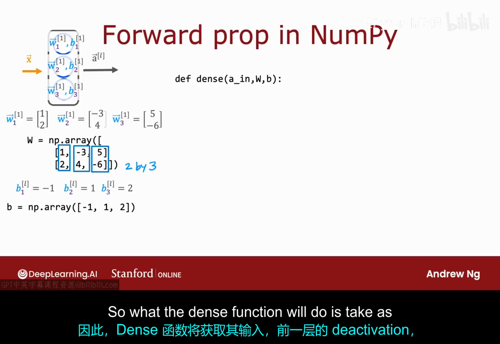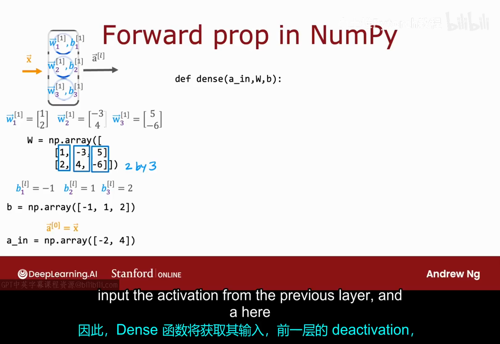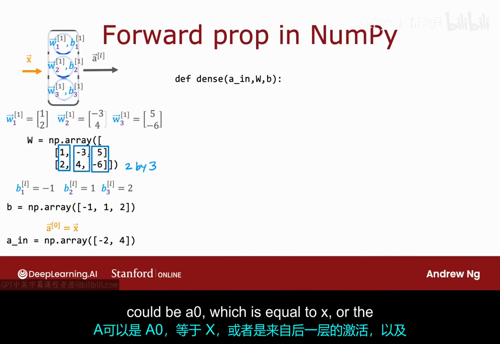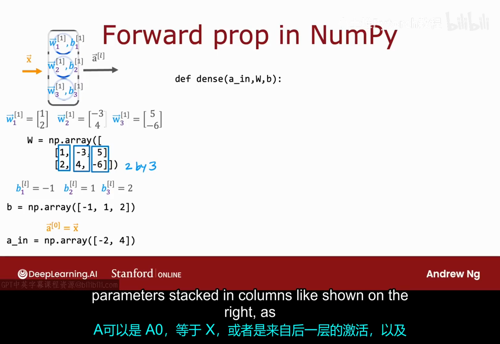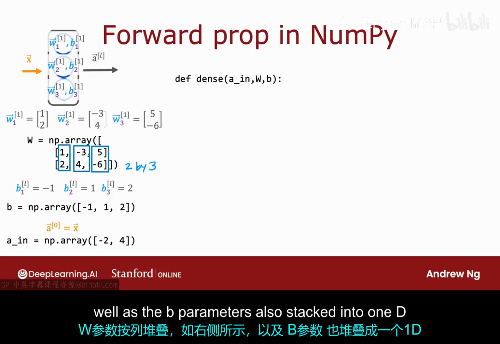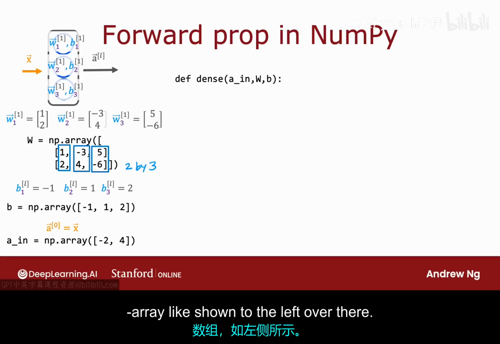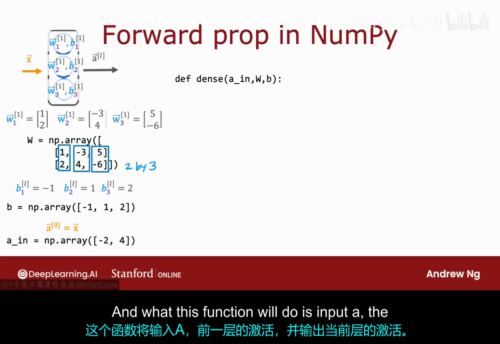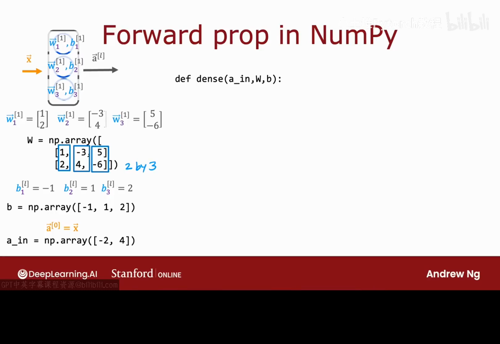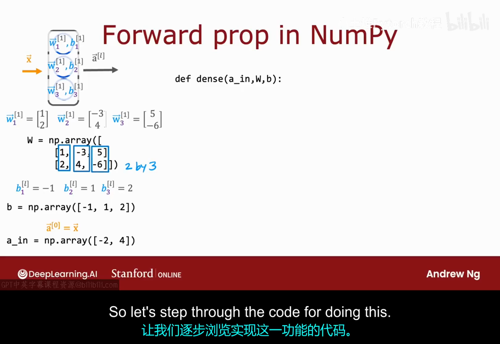So what the dense function will do is take as input the activation from the previous layer, and A here could be A0, which is equal to X, or the activation from a later layer, as well as the W parameters stacked in columns like shown on the right, as well as the B parameters also stacked into a 1D array like shown to the left over there. And what this function will do is input A, the activation from the previous layer, and output the activations from the current layer.